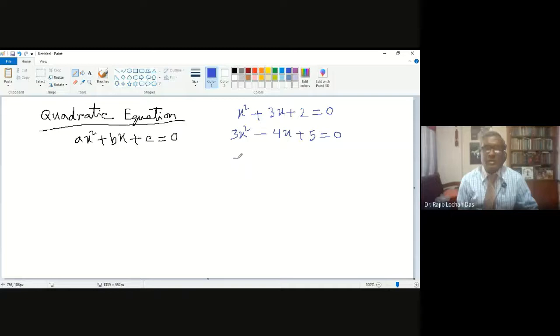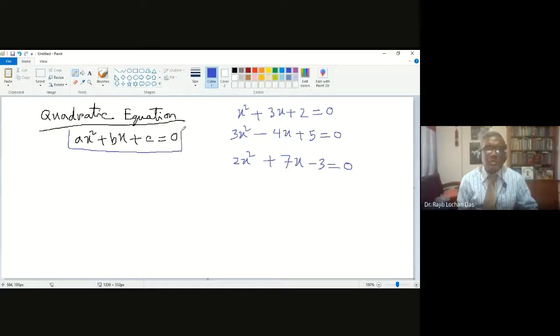Maybe 2x square plus 7x minus 3 equal to 0. Maybe it is also possible. So this is the pattern, this is the style, and a, b, c can be any number.